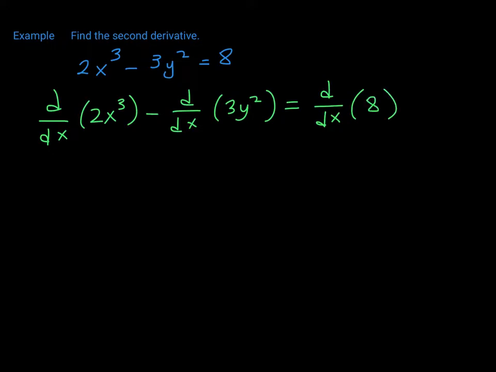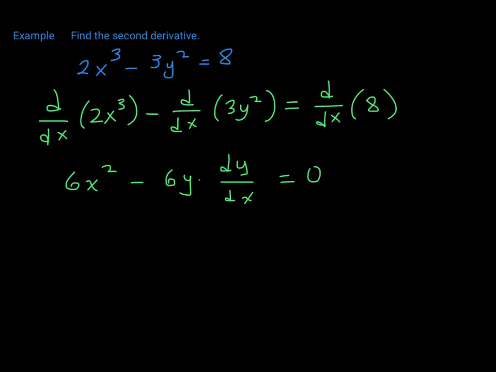All right, cool. The derivative of 2x cubed is 6x squared minus, here we go, the derivative of 3y squared, this 2 comes down, makes 6y, correct? 6y, but you're not done, times the derivative of y with respect to x, okay, is equal to 0.